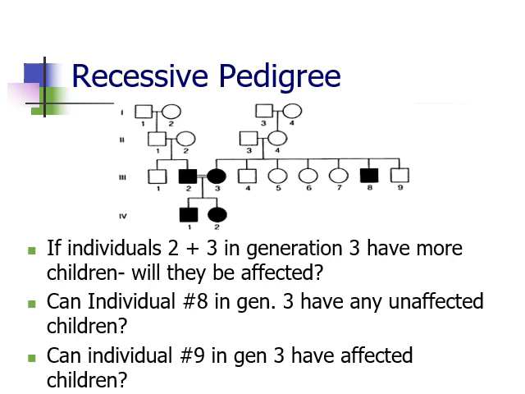So if we had individual number 9, I'm shading in half of it now. Great artwork. If they look like that, then they would be carriers for the trait, and it would be possible for them to have affected kids. So if they are a carrier like that, then yes, they could have affected children.